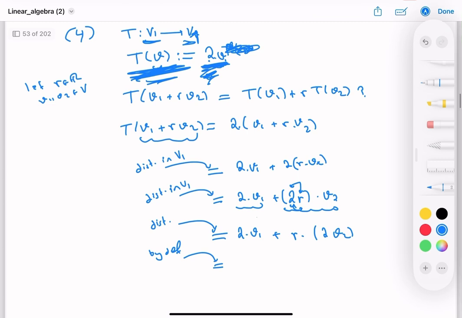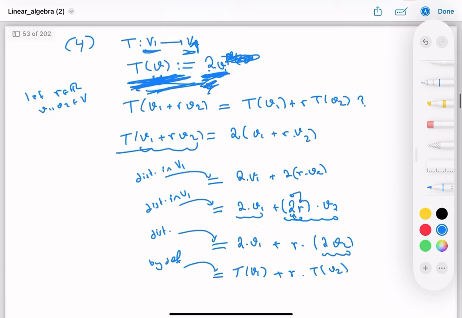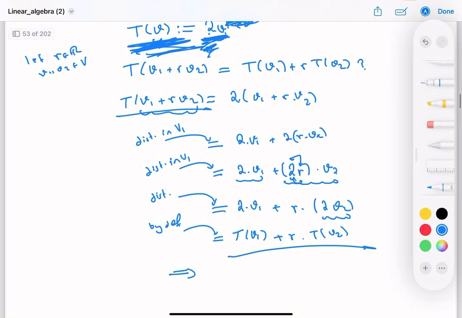By definition, the first thing is T of v1 plus r. The second thing over here is what? Is T of v2, because this is what T is defined to be, right? And we just proved that this left-hand side is equal to this right-hand side, which proves that T is a linear transformation. So this proves that T is a linear transformation.